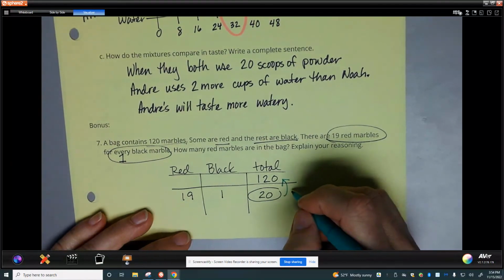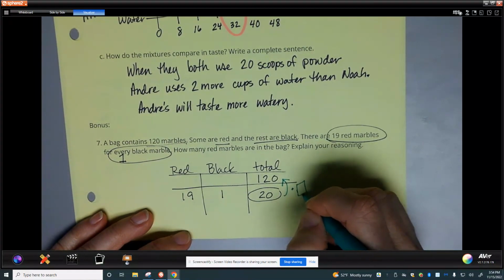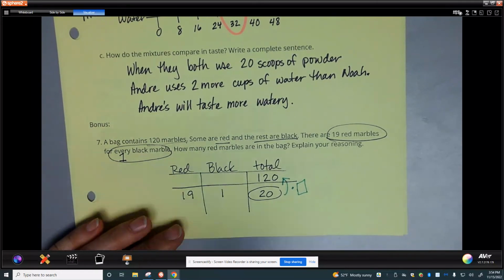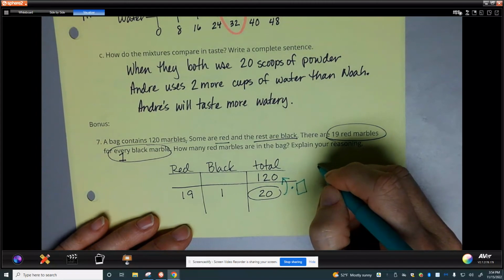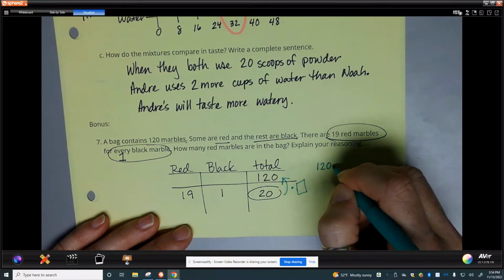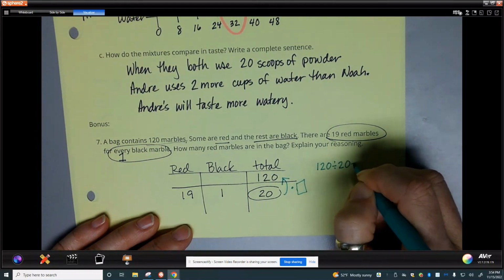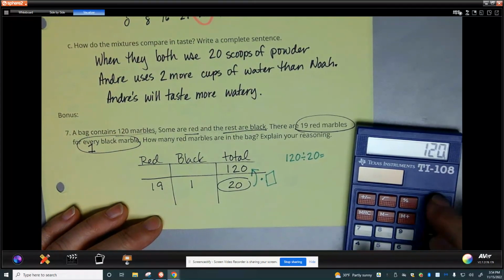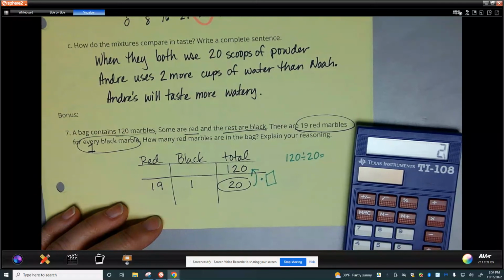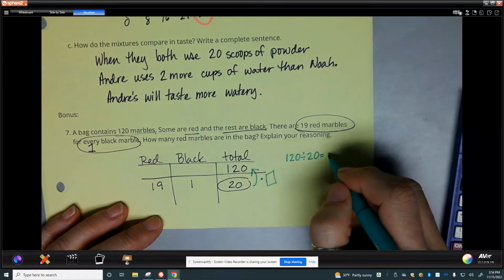If I'm not sure, so I'm thinking 20 times a mystery number, some factor equals 120. If you're not sure, then you do the opposite operation, which would be division. 120 divided by 20. Grab our calculator. 120 divided by 20 equals 6.